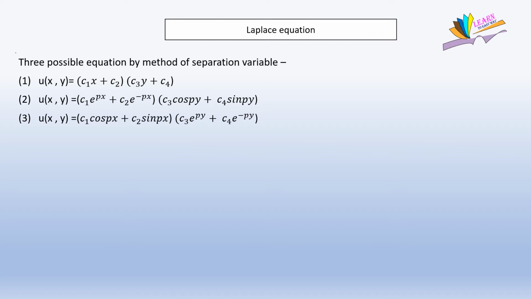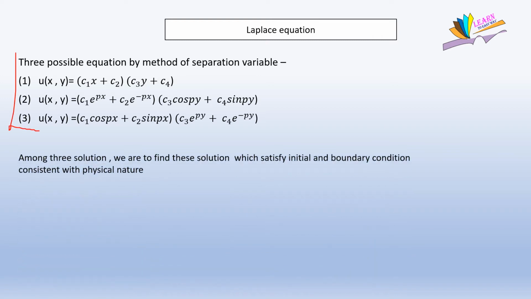These are the three possible solutions of the Laplace equation. Among the three solutions we are to find the solution which satisfies the initial and boundary conditions.